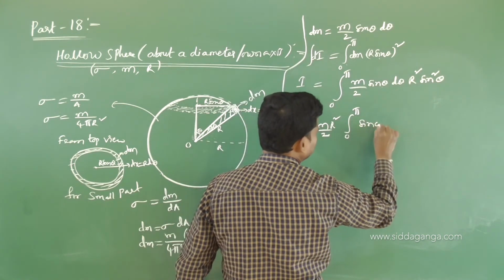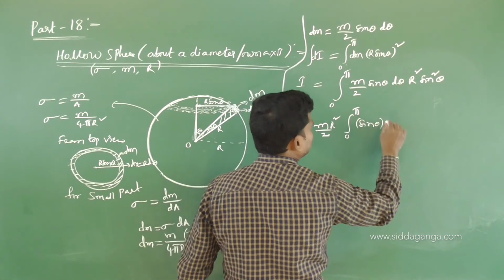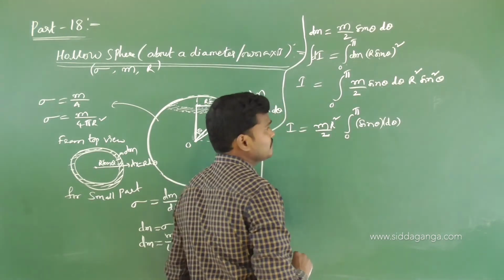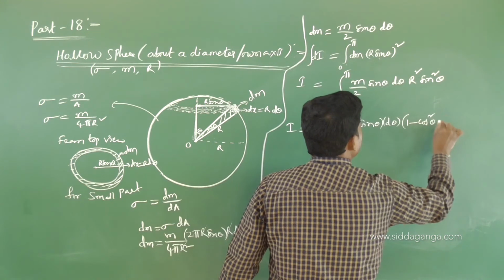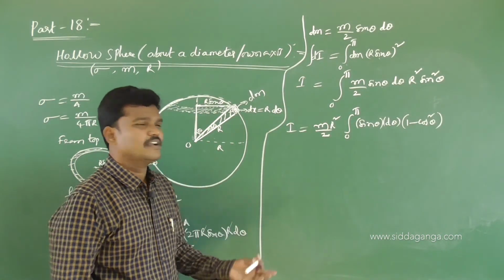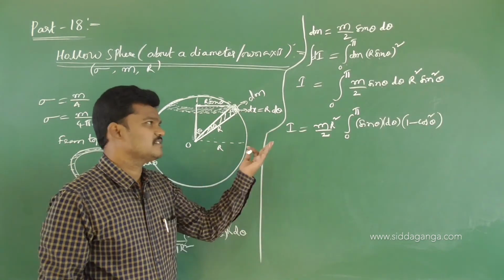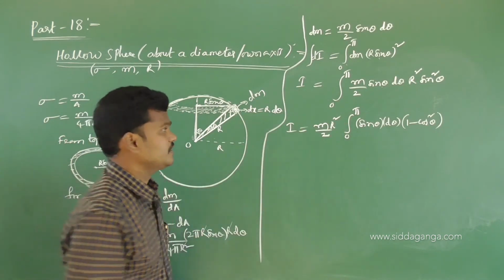Let me write sine theta as it is, d theta as it is, and sine square theta as 1 minus cos square theta. Otherwise you can write sine cube theta as sine theta into sine square theta, and sine square theta is nothing but 1 minus cos square theta.